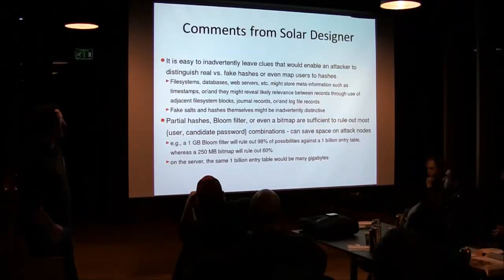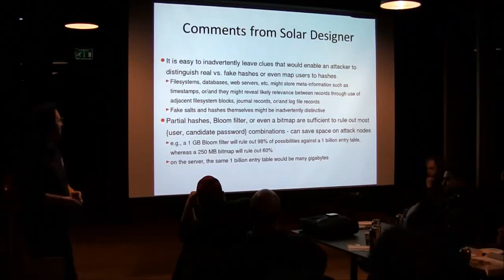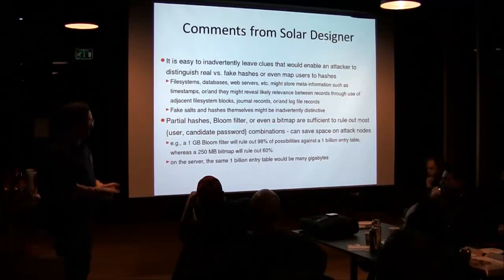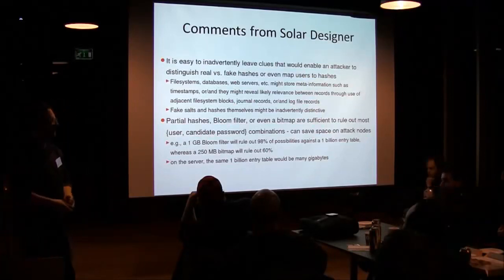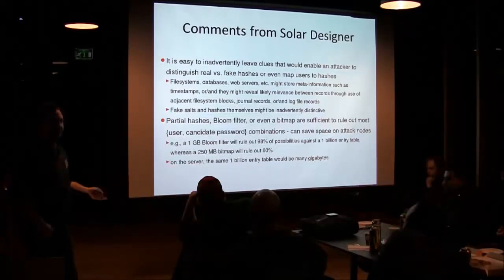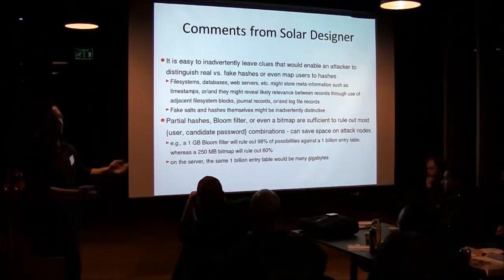And then he also said, well, it's not going to slow cracking these passwords down because we can compress it. We'll just take maybe the first 24 bits of each hash, throw it through a Bloom filter, and if we have a gigabyte of RAM available, we can know when we're doing our dictionary attacks if the hash was in the table or not, without having to actually deal with this 100 terabyte table.